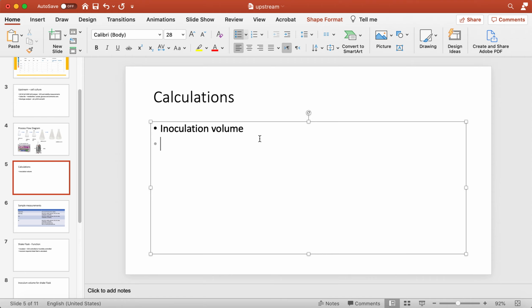And then you also need to know the media volume. Once you calculate the inoculation volume from the previous stage, the next step is to calculate the media volume.